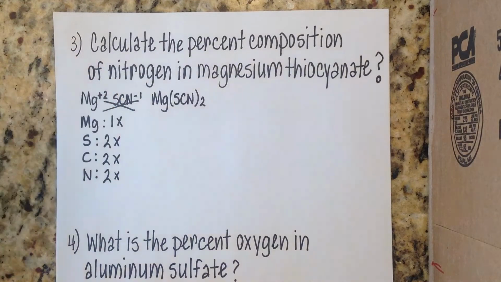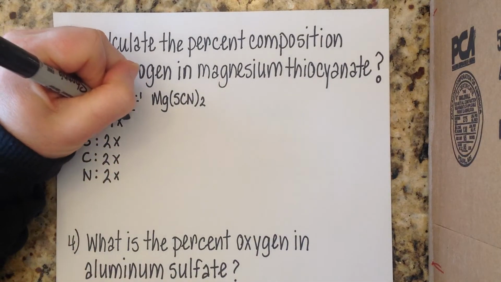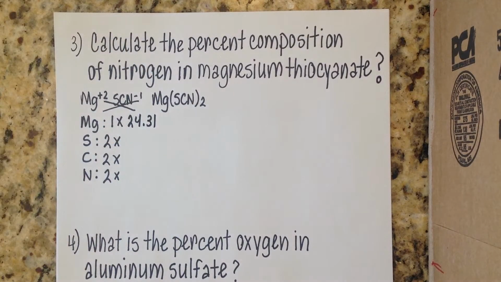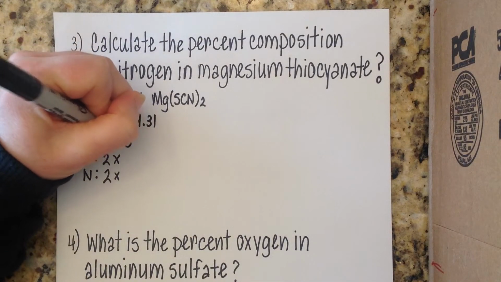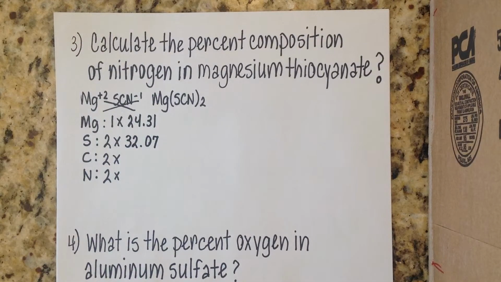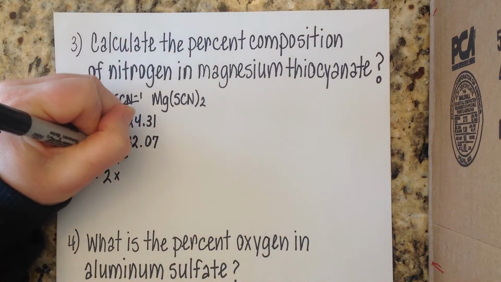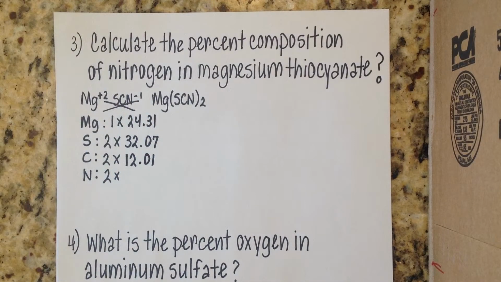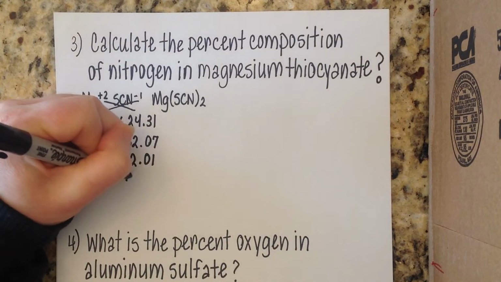And now we're going to look up the molar masses on the periodic table. So the molar mass of magnesium is 24.31 grams per mole. The molar mass of sulfur is 32.07. The molar mass of carbon is 12.01. A lot of these you probably know and don't even have to look up at this point. And the molar mass of nitrogen is 14.01.